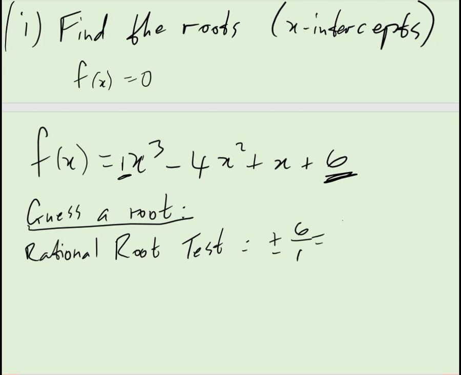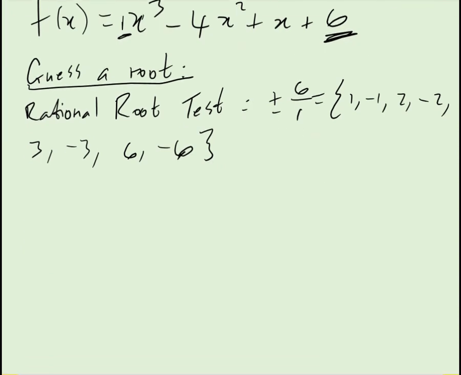So it would be a set of values like 1, -1, 2, -2, 3, -3, and 6, -6. We're hoping that one of these will give us a solution. So let's start with 1. Let's try x is equal to 1.